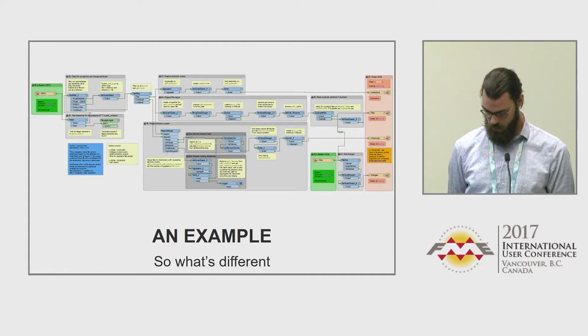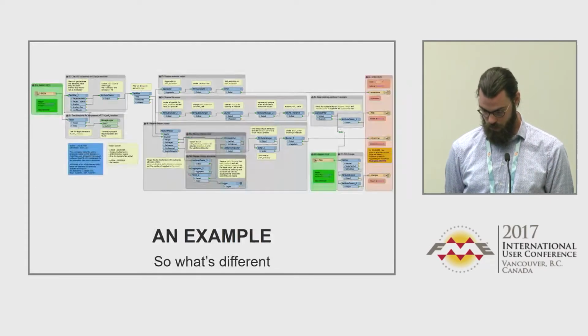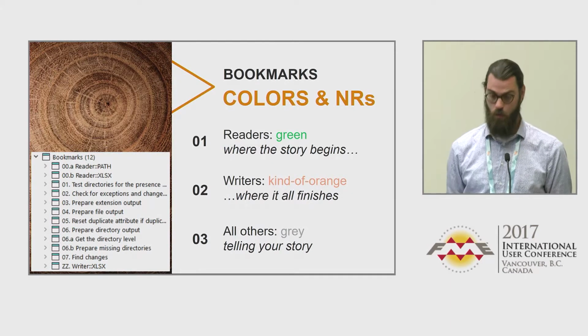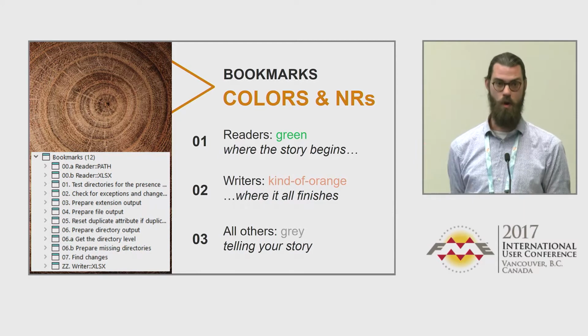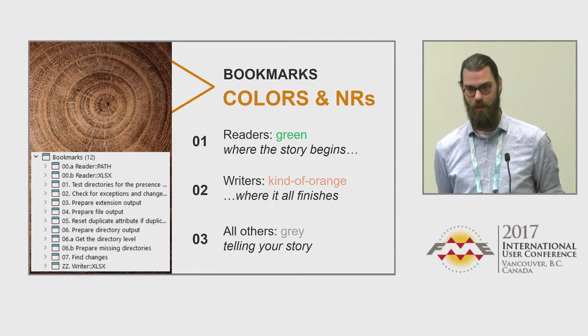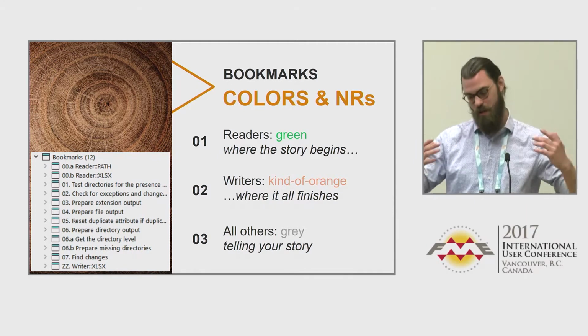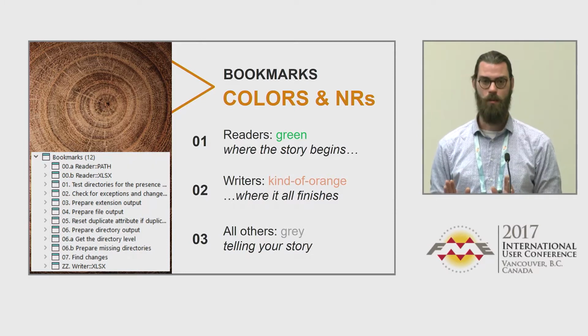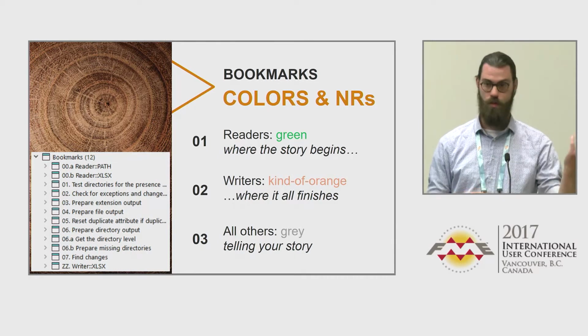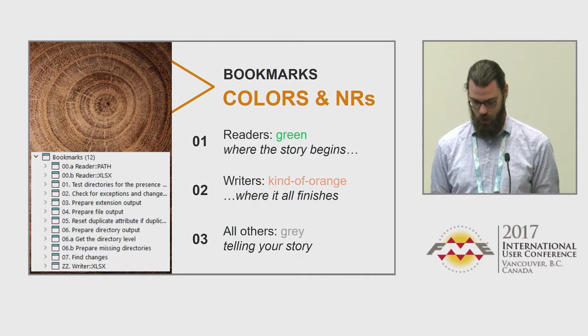So that's very good to see. Writers, I use a kind of orange. Normally you could use red, like, okay, here my workspace finishes, but I don't like that color really. And all the other stuff, I just make gray. You could use yellow or whatever color, but I make it gray.